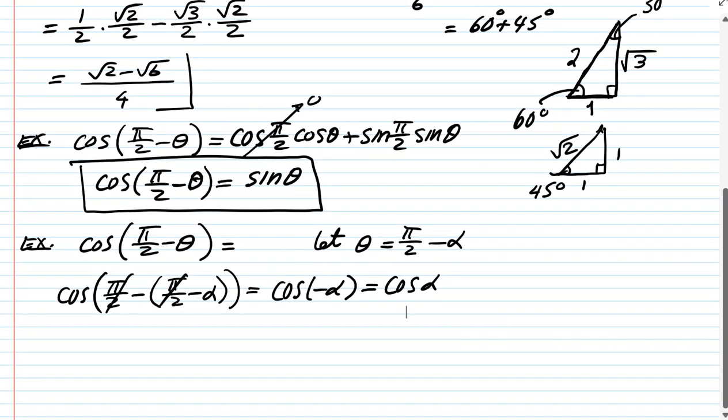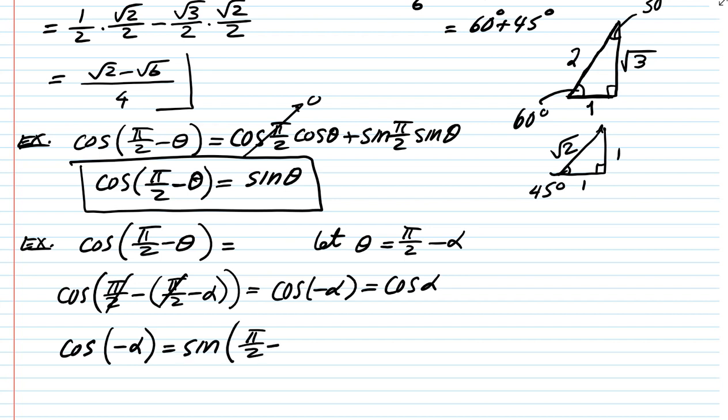But the thing I want to do is this. I can actually write this as cosine alpha. And I can write cosine of negative alpha as sine of pi over 2 minus alpha.